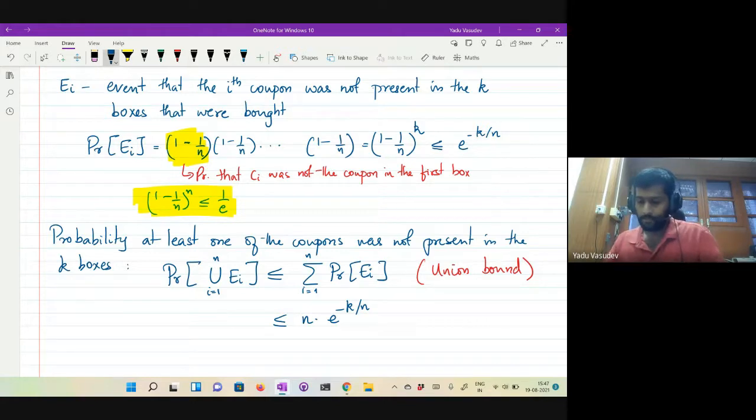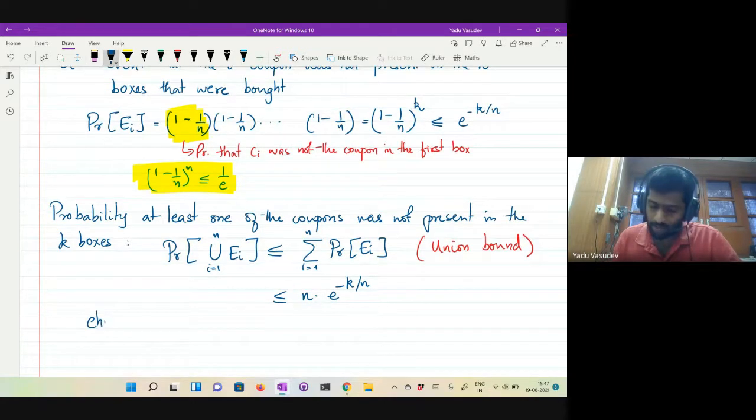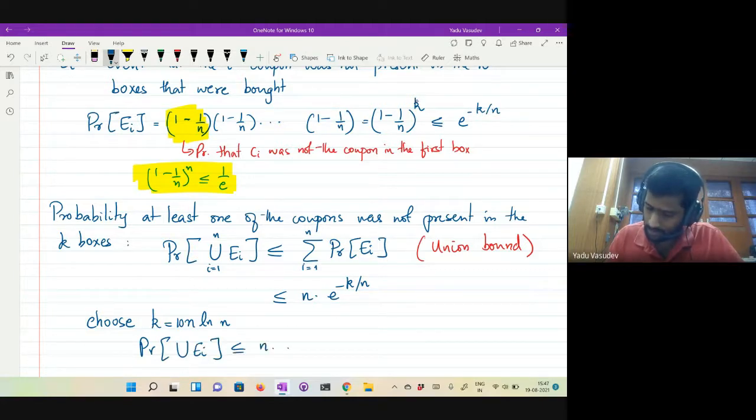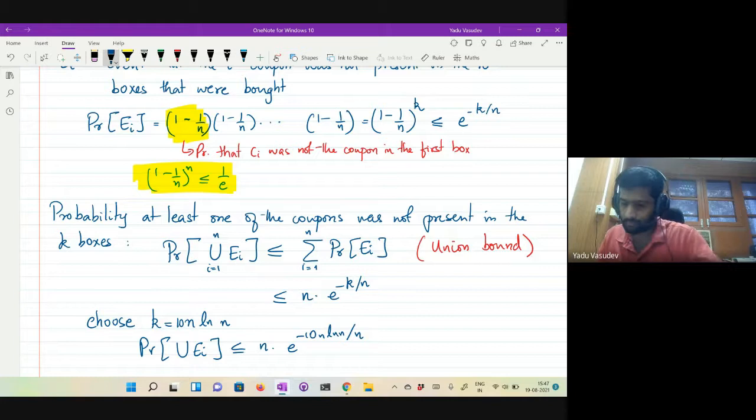Okay? So you want to know what is the number of boxes that you have to buy, right? So suppose we choose k to be something like 10 n ln n. Okay? Then this probability is at most n times e to the minus 10 n ln n divided by n, right?